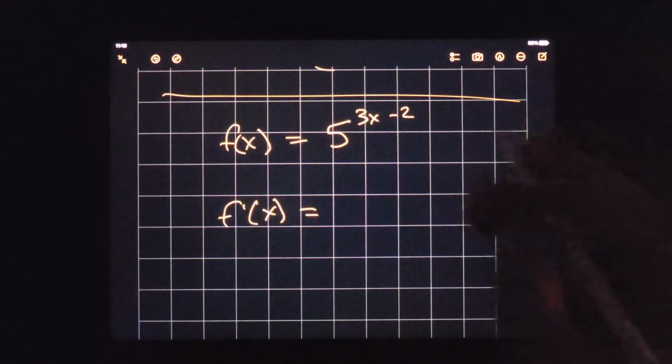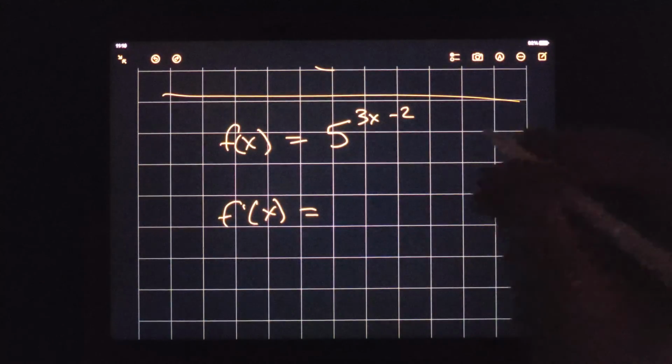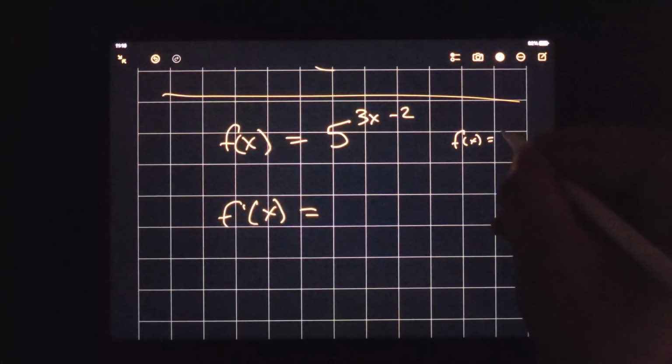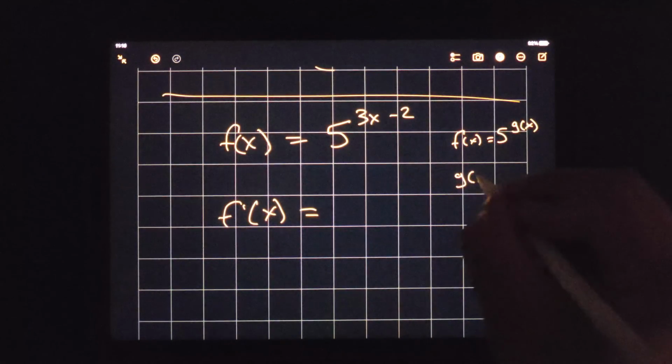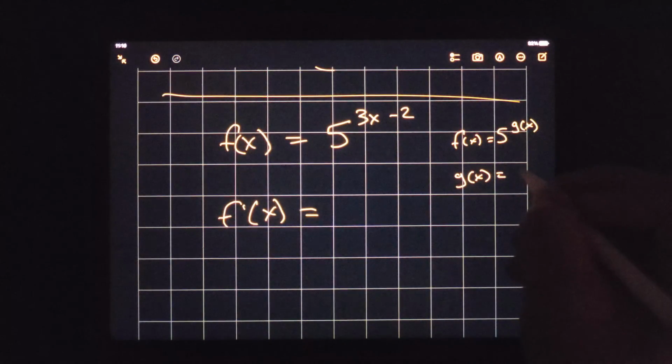Let's see if I can use the chain rule, where f of x is equal to 5 to the power of g of x, and g of x is the exponent there, 3x minus 2.